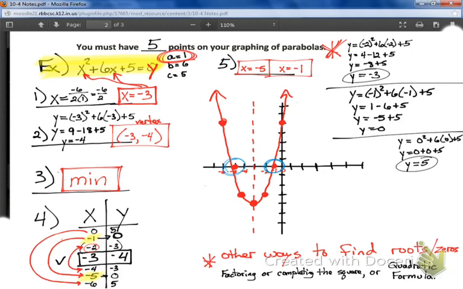You could factor the problem, which in this case would have factored pretty easily, x squared plus 6x plus 5. Factoring gives you your answers, x equals something and x equals something. Or you could complete the square, which I hardly ever recommend, as it's one of the harder ways to do it. What I recommend the most is just using the quadratic formula. You already have your a, b, and c. Plug those numbers into the quadratic formula and figure out what x equals. In this case, x would have equaled -5 and x would have equaled -1.